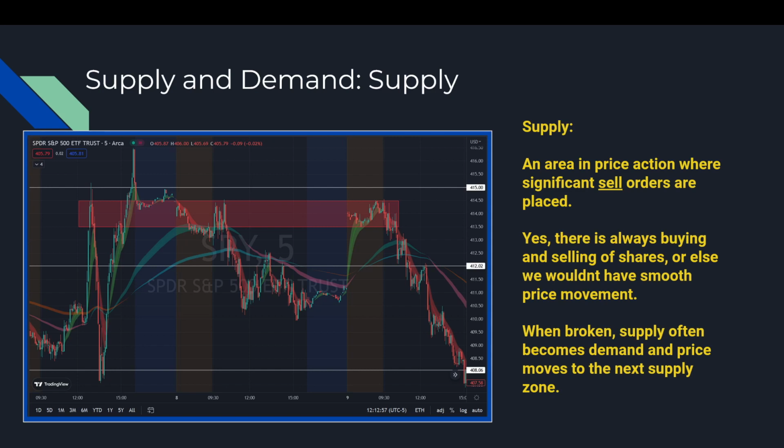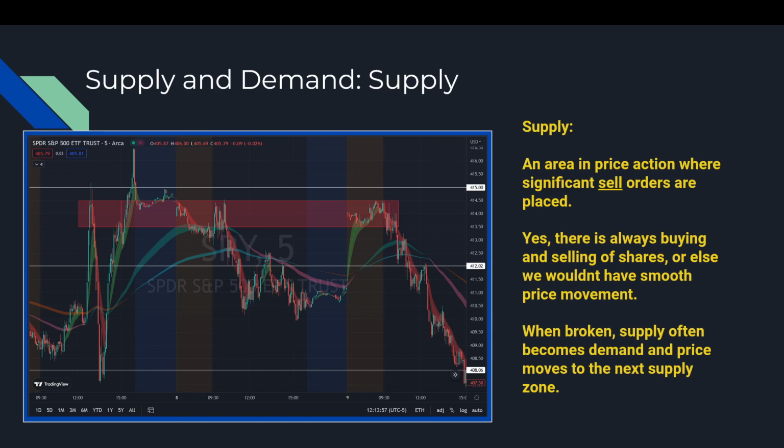It's because of the order book, and you can see this if you have any brokerage: Webull, Robinhood, TD, Fidelity. The order book is what makes up the bid and the ask, and then you have your mid price, and that's the price of the equity at that time. I've heard people refer to them as walls, sell walls and buy walls.